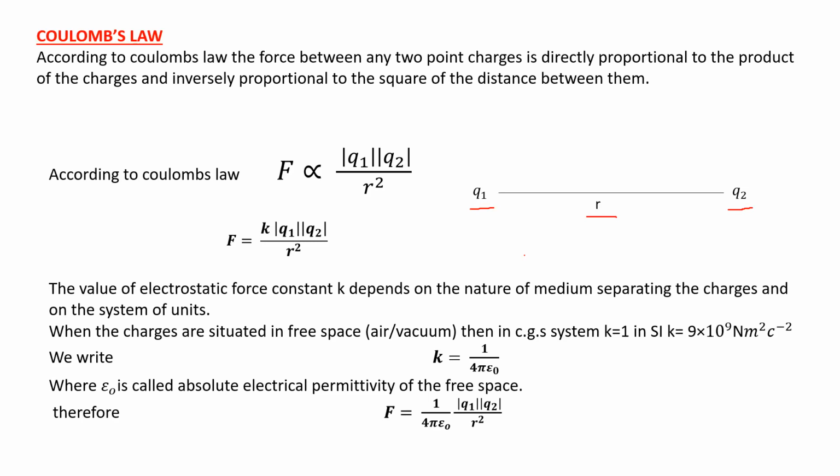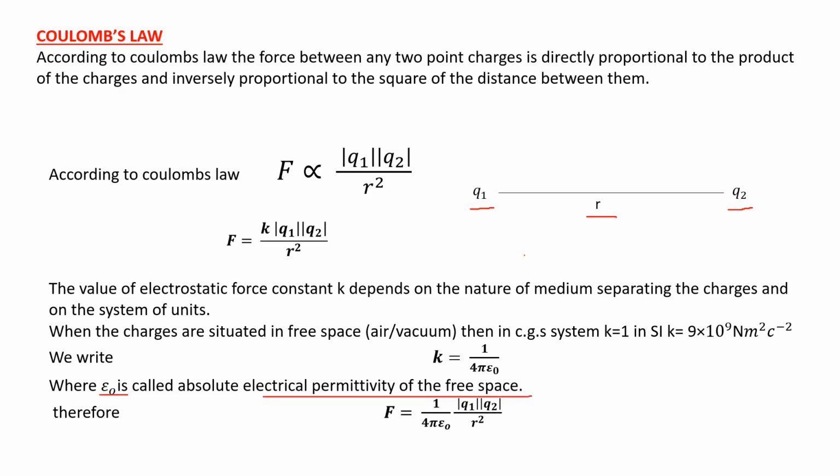In SI its value is 9 into 10 raised to power 9 Newton meter square Coulomb minus 2. So we can write this K as 1 upon 4 pi epsilon naught, where epsilon naught is called the electrical permittivity of free space.